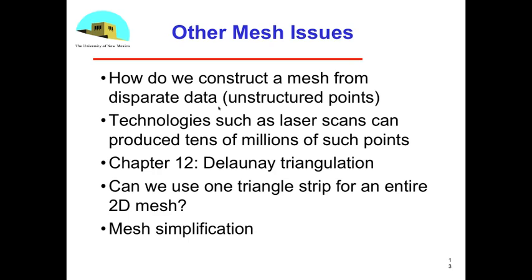I think it's an exercise in the back of, I guess, chapter 5 or chapter 4 of how you do that. And then there's sort of the inverse problem of, given a mesh, how do you simplify that mesh? One of the things we'll see when we start talking about curves and surfaces is that when you render a surface, you usually render that surface by breaking it up into a lot of little polygons, triangles, and what will happen is that you'll waste a lot of triangles in areas which are kind of flat.